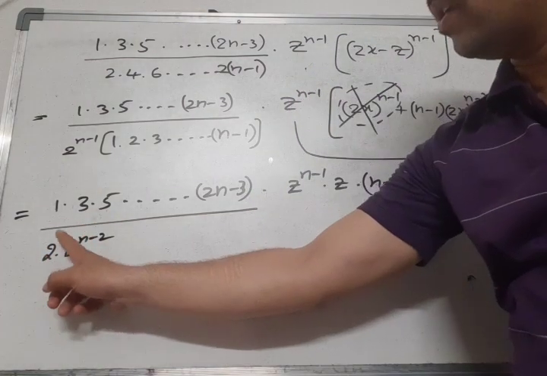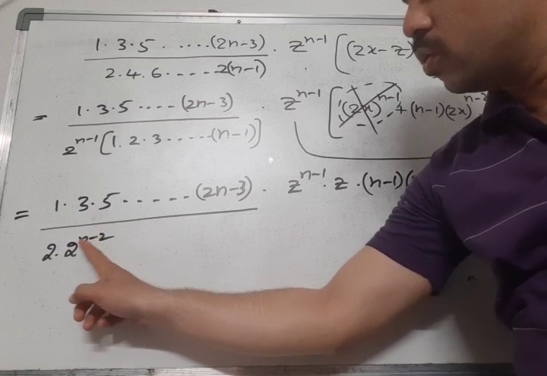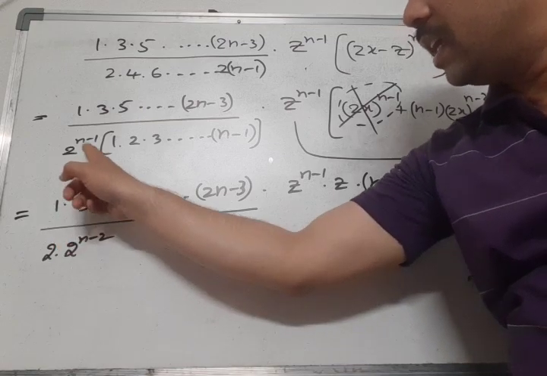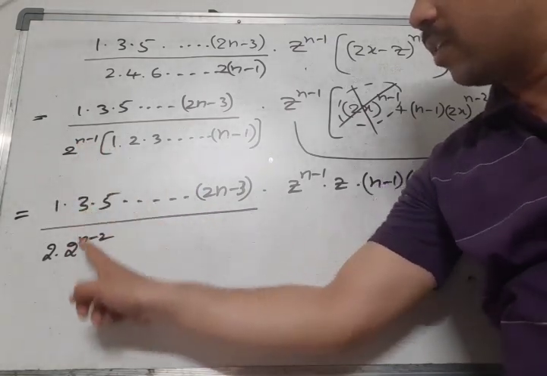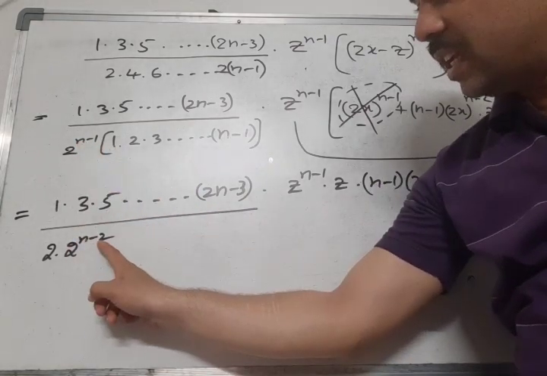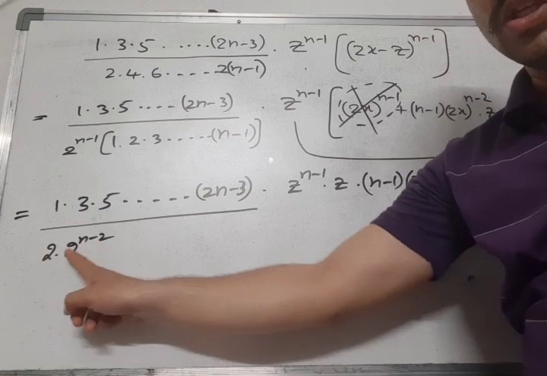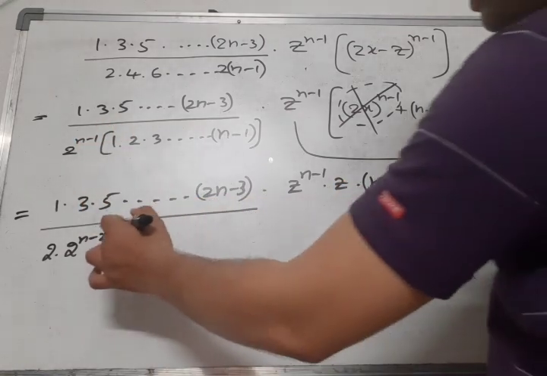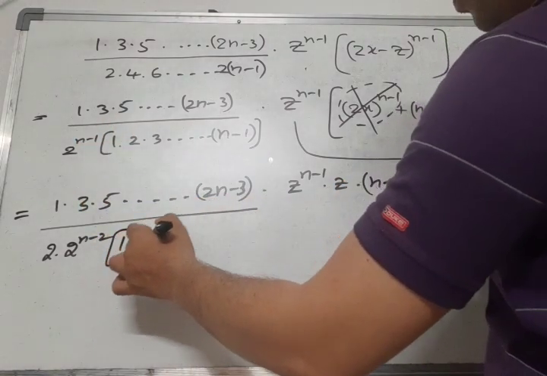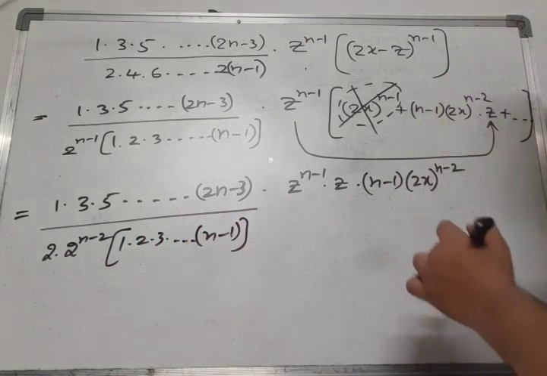Here 2 power n minus 2 plus 1 will again be giving rise to 2 power n minus 1 only. So these two are one and the same, we can write. Okay, I decreased here by 1 and I multiplied with 2. So this multiply means again you will get this one only. Okay, into 1 into 2 into 3 into and so on up to n minus 1, right?